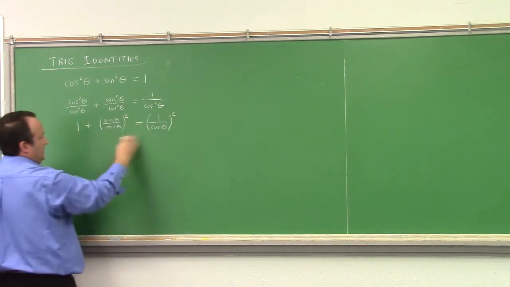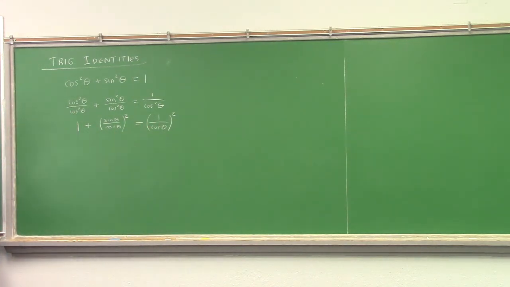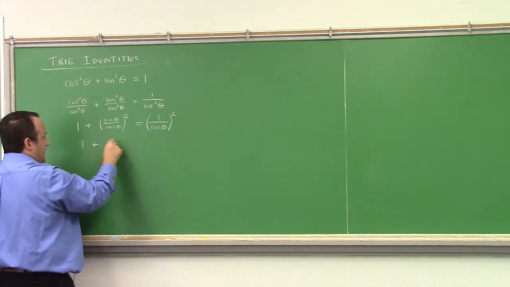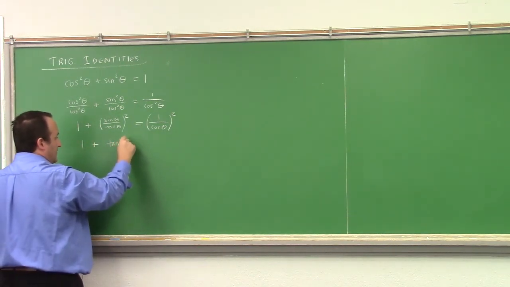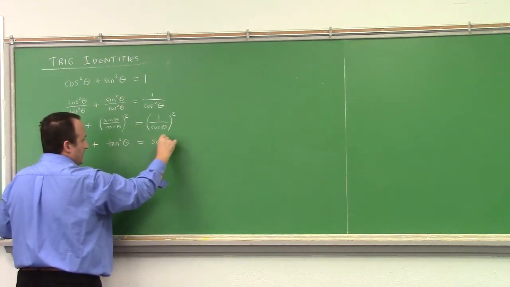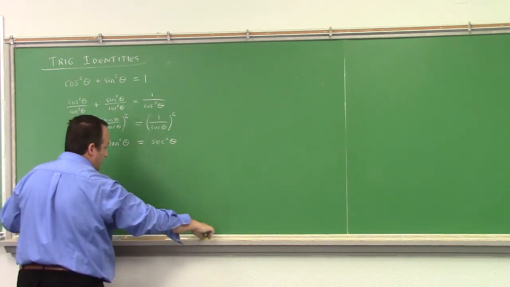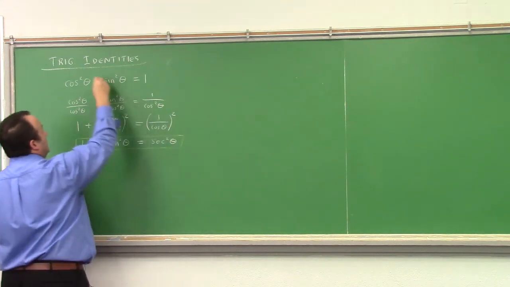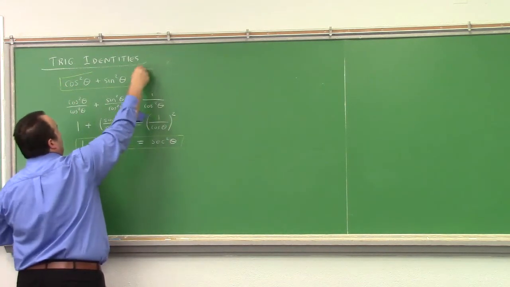What is sine theta over cosine theta? Remember, sine theta over cosine theta is tangent. So this gives us 1 plus the tangent squared of theta equals secant squared. So this is the tangent secant identity, and of course this is the sine cosine identity.